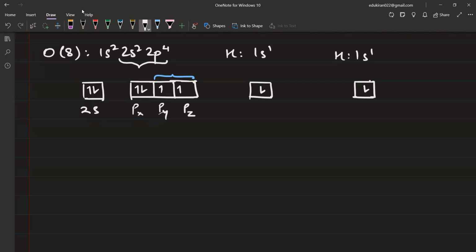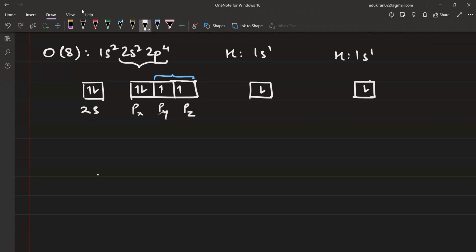So if I draw the Py and Pz, we can see that these are unpaired electrons. And if you remember the valence bond theory, it says that the bonds are formed by the overlapping of orbitals with opposite spins, right? Overlapping of the orbitals. Now, this is one orbital, Py and Pz.